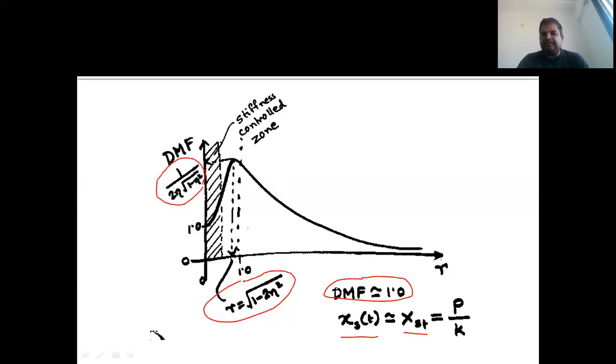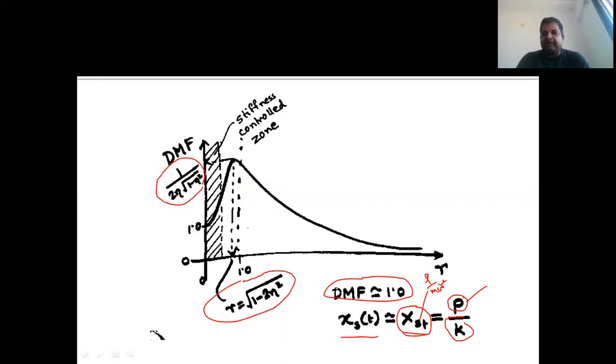This x_st we have already defined: it is nothing but m into P upon m omega square, P upon m omega square. Just now we established omega equals under root of k by m, so it is nothing but P by k, where P is the force and k is the stiffness.